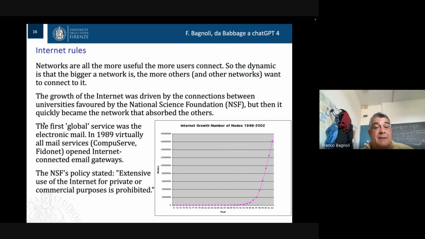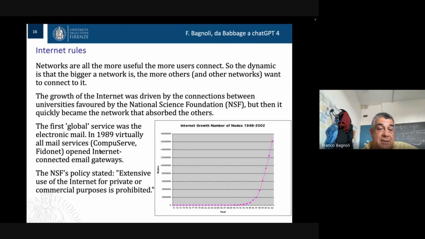And so essentially what happened in the 80s was that every service, even those like FidoNet, CompuServe, and so on, which had their own network, opened gateways in order not to be cancelled by the internet.